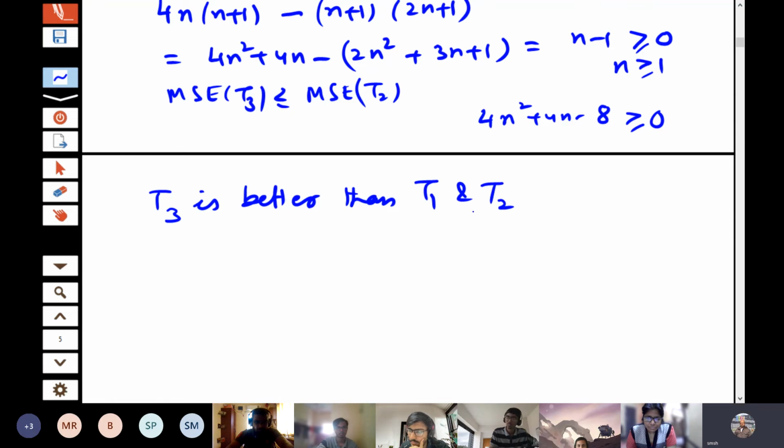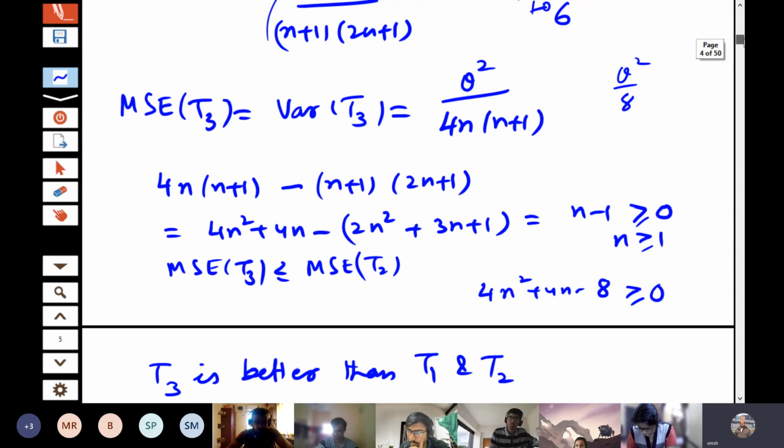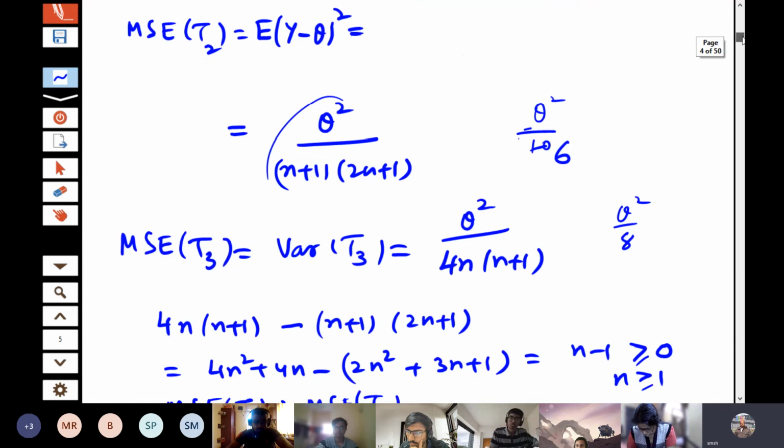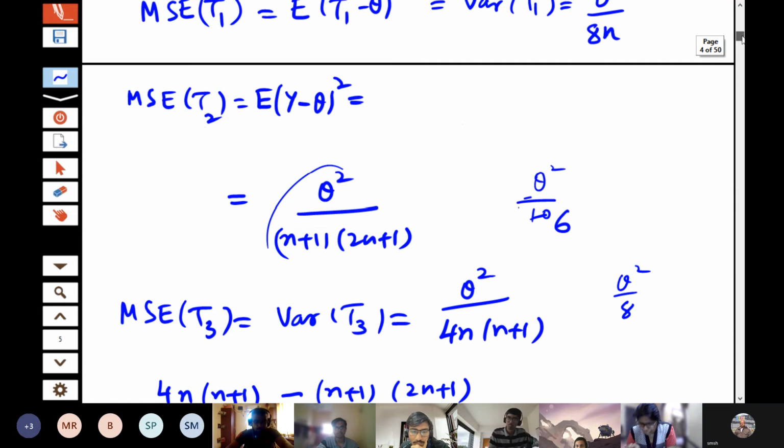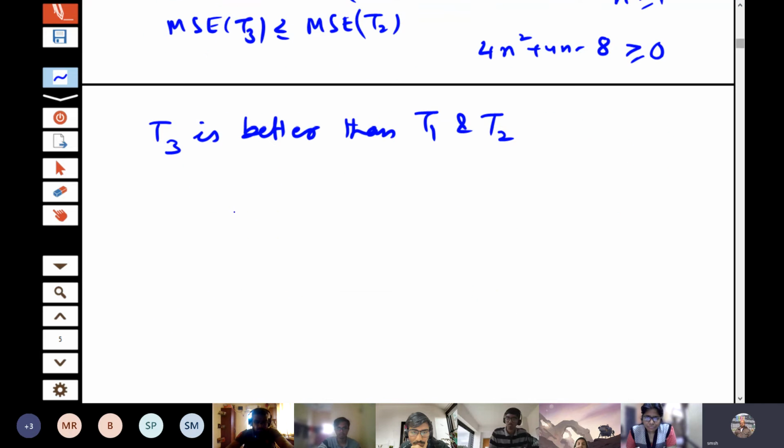What about comparison between T1 and T2? If I look at T2, that is 2n square plus 3n plus 2 minus 8n. Sorry, I forgot, this is 8n here.